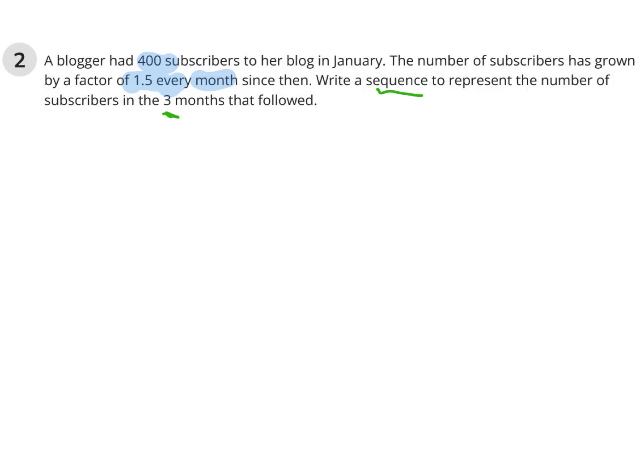In an exponential equation, we have y equals a times b to the x. A is your start, or your initial amount. This is your growth factor. And x is your variable.